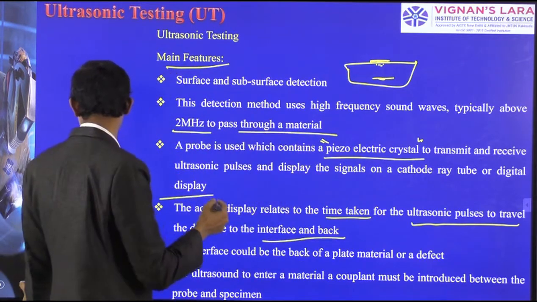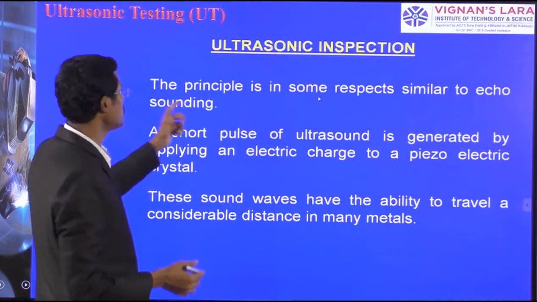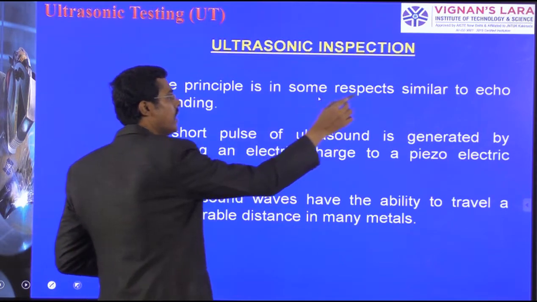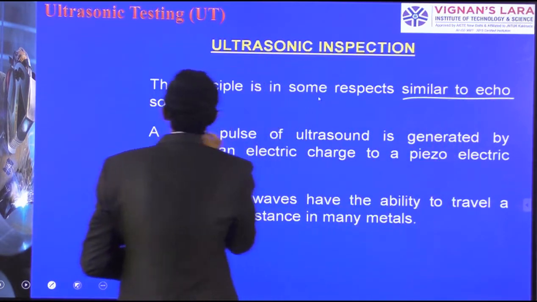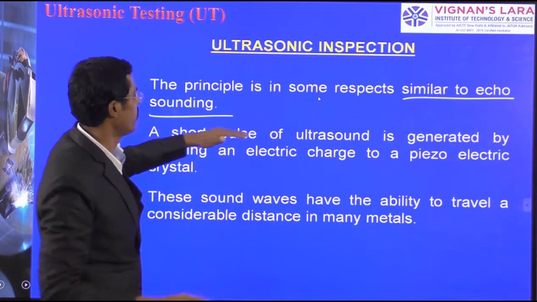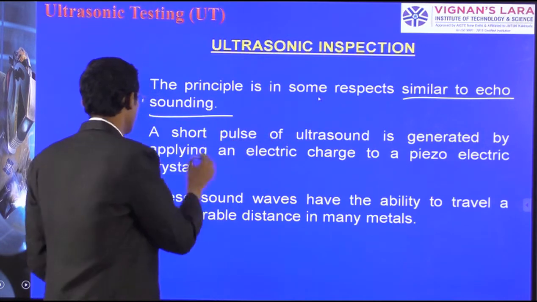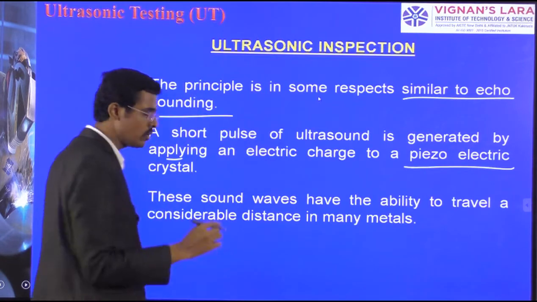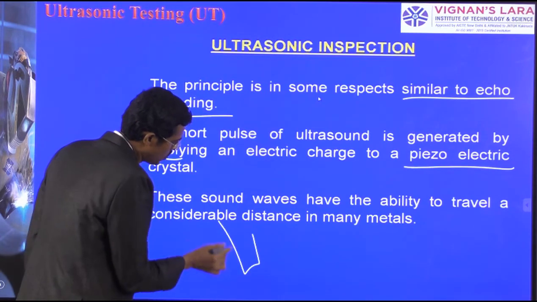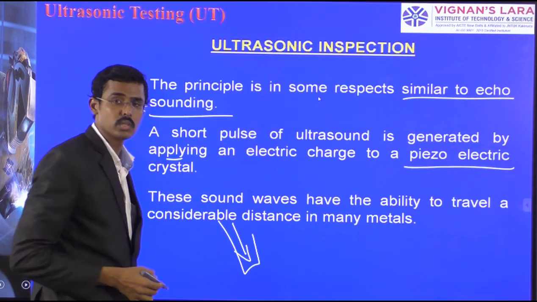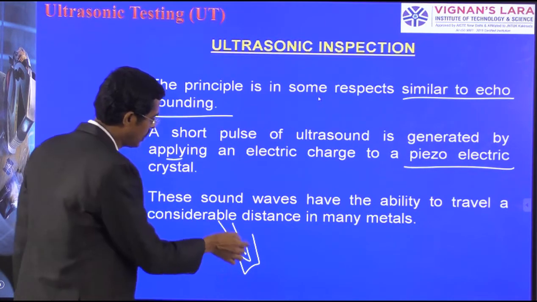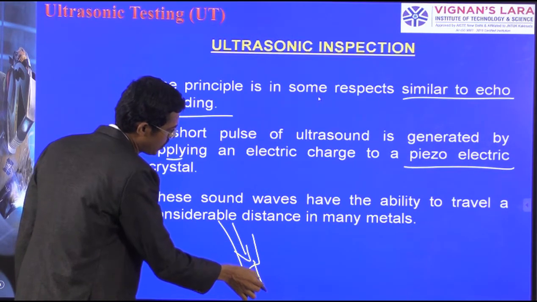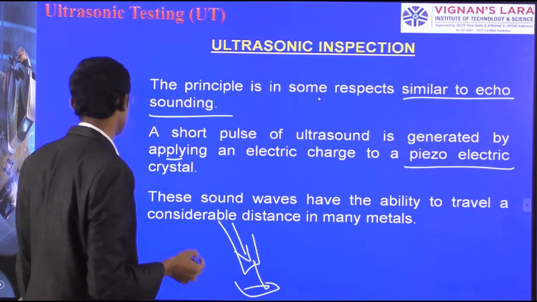So these are the points we should remember. The principle is similar to echo sounding. A short pulse of ultrasound is generated by applying an electric charge to the piezoelectric crystal. Using the probe, the ultrasonic waves are passed over the specimen.